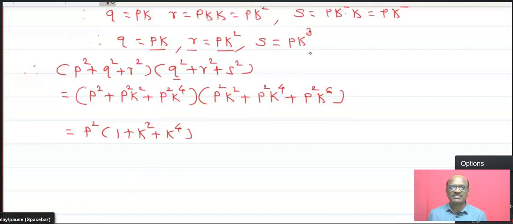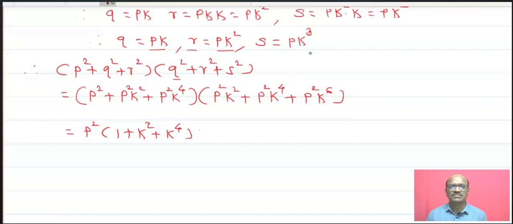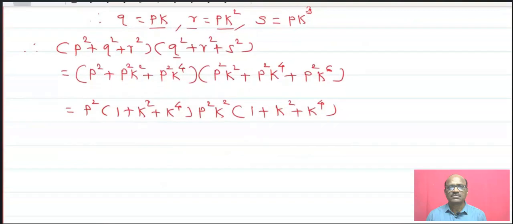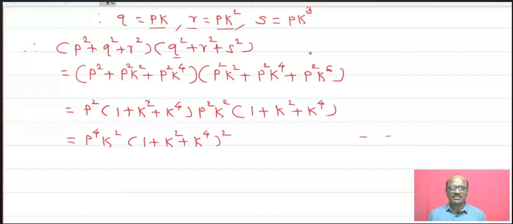Now see this. Therefore you will get p square k square as common, then in bracket 1 plus k square plus k raised to 4. That is equal to p raised to 4 k square into (1 plus k square plus k raised to 4) whole bracket square.